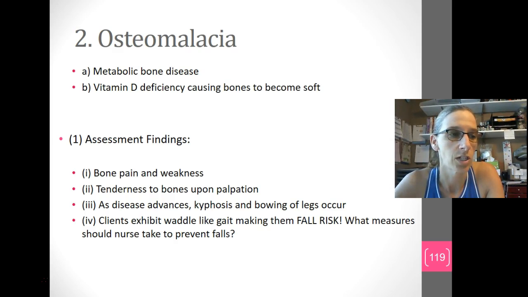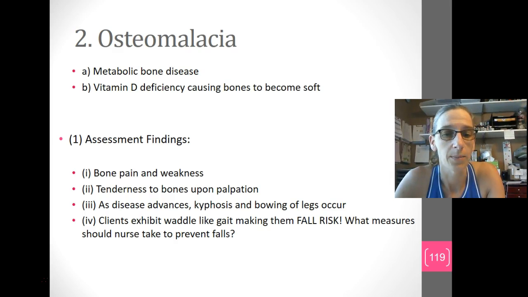The bones are structurally weaker, and bone deformities then occur in these patients. So assessment findings, we're going to find that the bone is very weak, painful, tenderness upon palpation to the bones. As the disease advances, we see kyphosis and bowing of the legs, and the clients exhibit a waddle-like gait, making them at a fall risk.